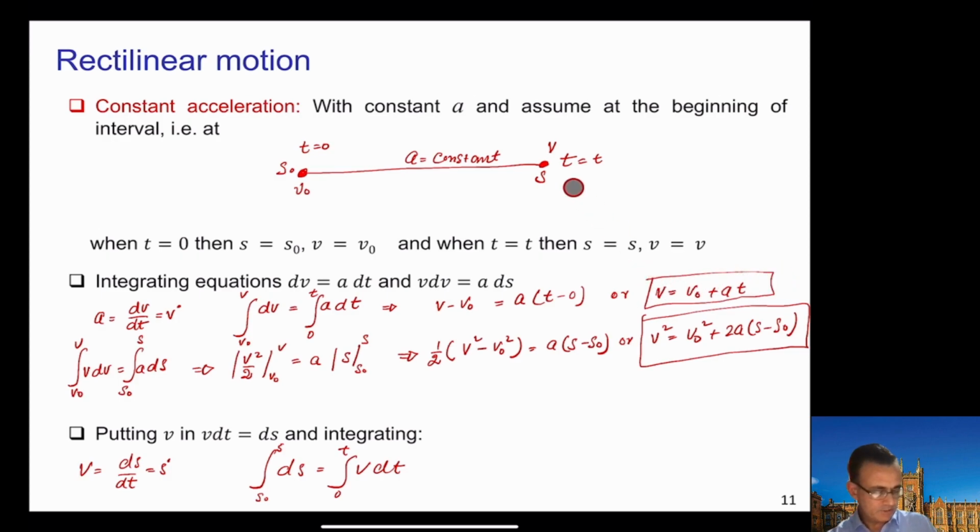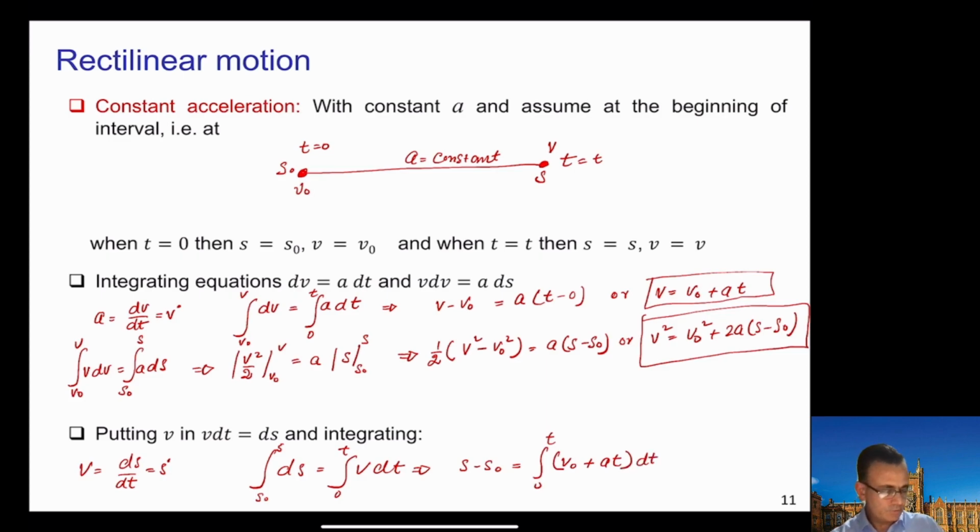If you put the values here, on the left hand side, what you can see is s minus s0. And on the right hand side, you will have 0 to t, and you can put this value for v, which is v naught plus a t, into dt.